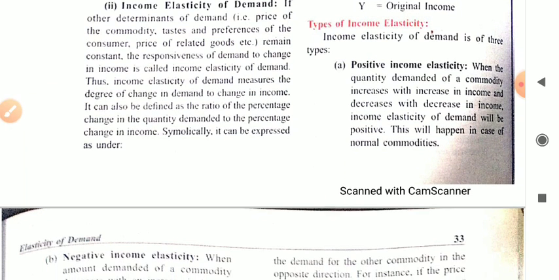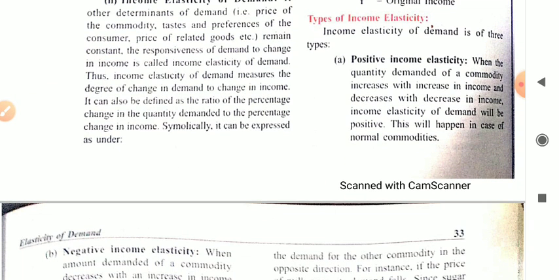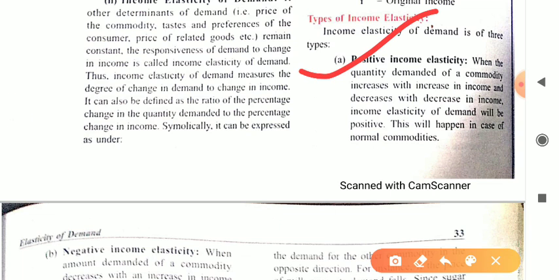Okay dear students, now the types of income elasticity of demand. There are basically three types: positive income elasticity of demand, negative income elasticity of demand, and zero elasticity of demand. First, positive income elasticity of demand. It represents that when the income of a consumer increases, quantity demanded increases, and when income decreases, quantity demanded decreases.